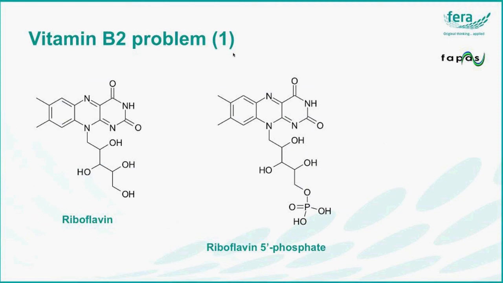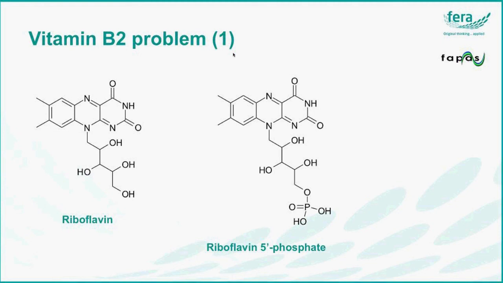Let's look at a couple of these examples in detail, starting with vitamin B2. In a liquid supplement, vitamin B2 cannot be its riboflavin compound. It has to be modified to be more soluble and therefore it's present as riboflavin 5-phosphate.